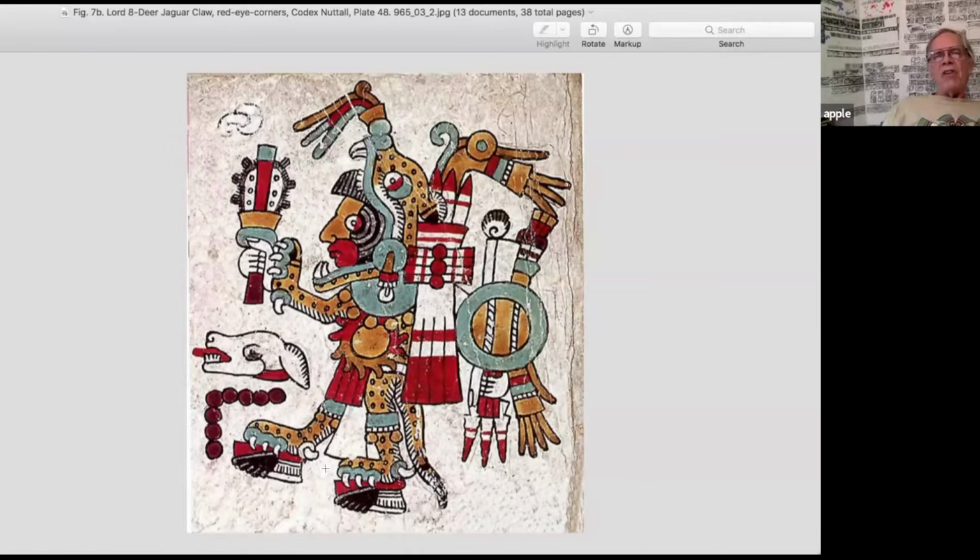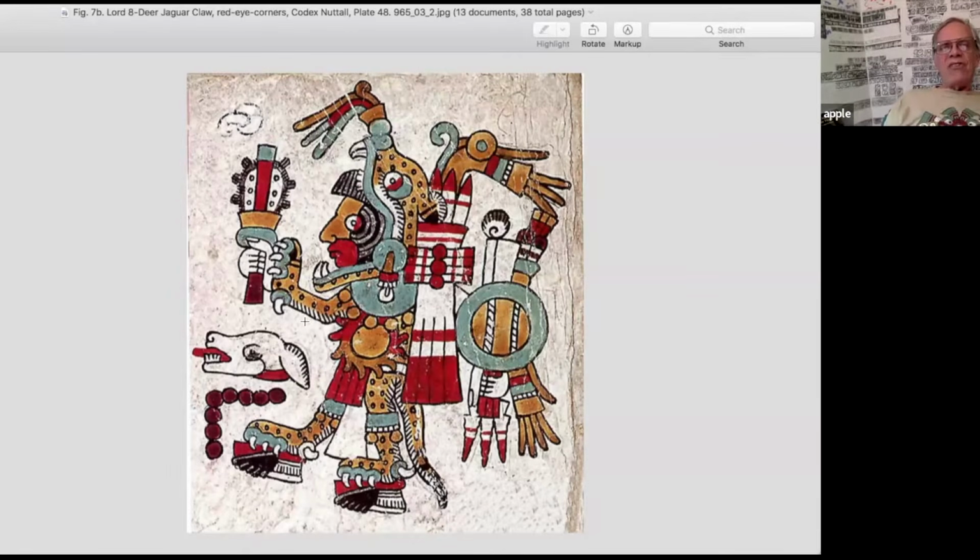He's got lots of color in his body and so forth. His feet are painted black. His face is painted with a red mouth, and his eye has a red corner. And so does the eye on the jaguar mask that he wears. And so does the eye of the deer. This doesn't look red, actually, but elsewhere, when his name glyph appears, that's a red blob in the corner of his eye.